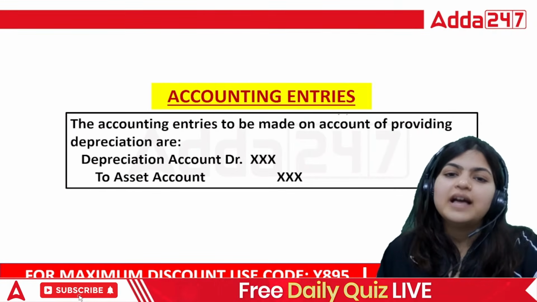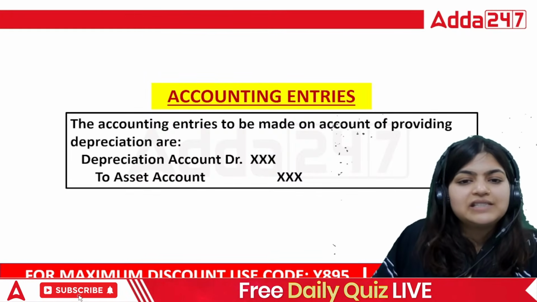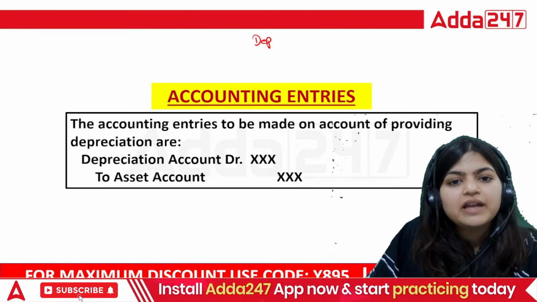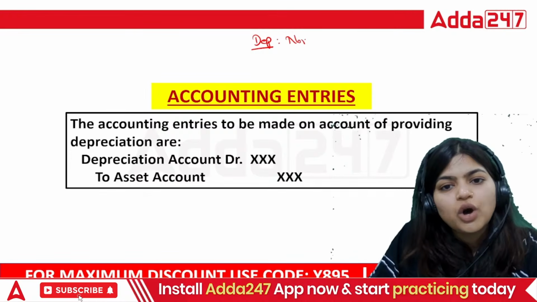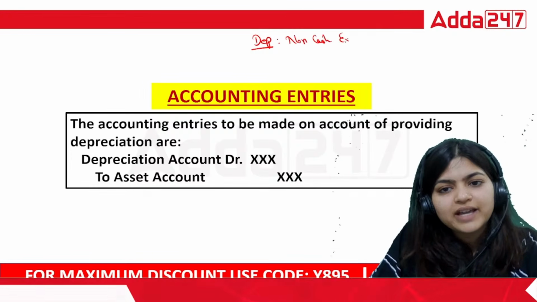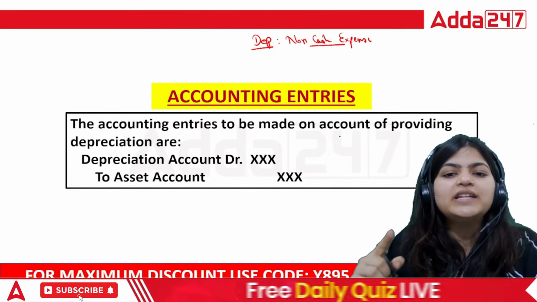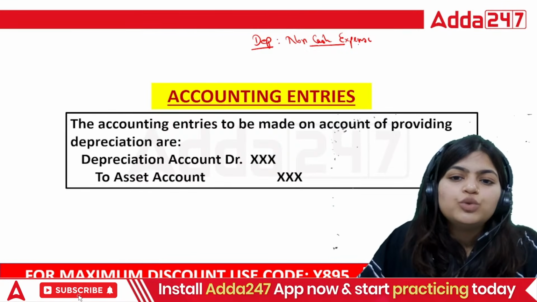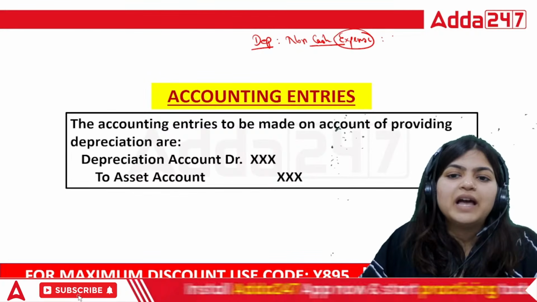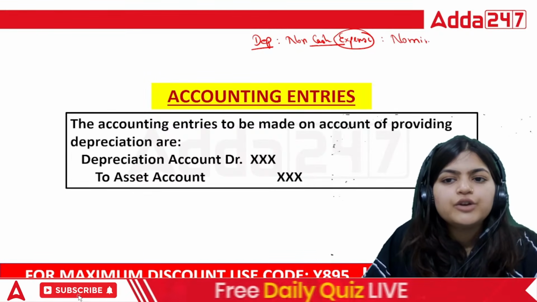Now, how to pass accounting? What I said when we started this: depreciation is your non-cash expense. So which rule are we going to apply here? We are going to apply the nominal rule.